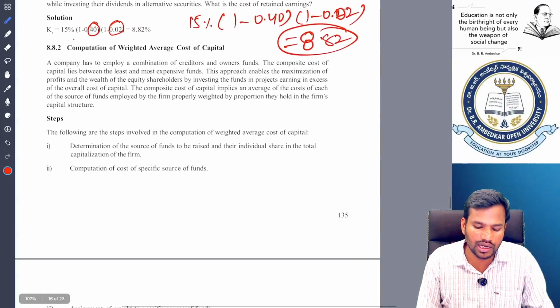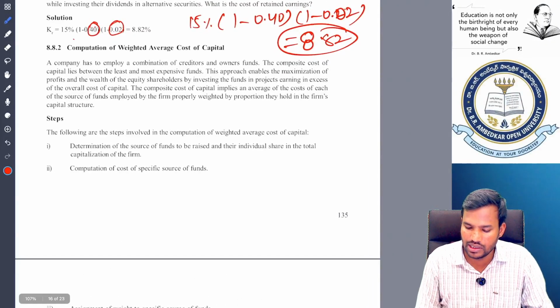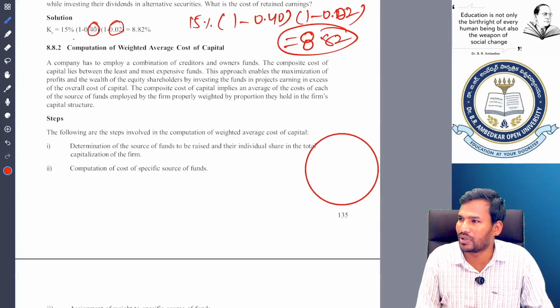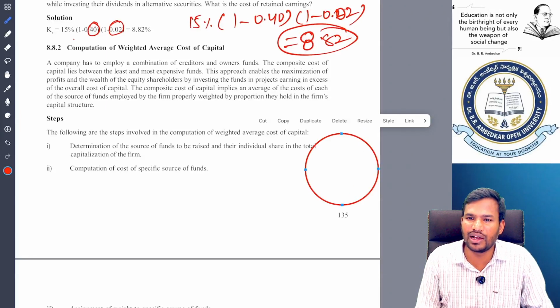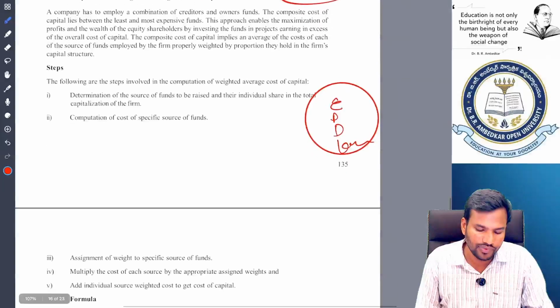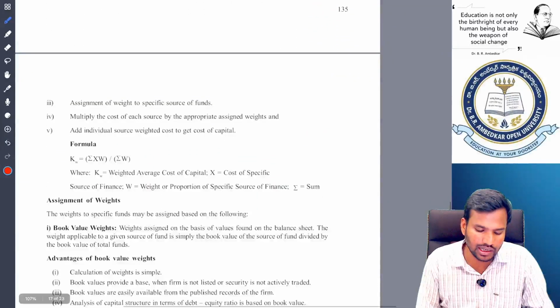Weighted average cost of capital means the combination of all forms of capital: equity, preference, debentures, long term loans, borrowings. Under that, how can we calculate?